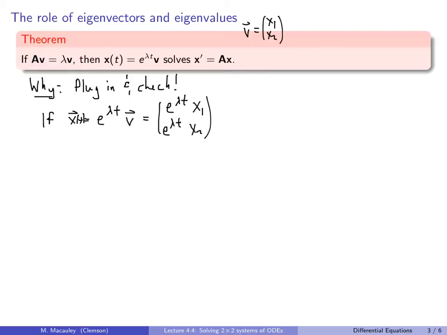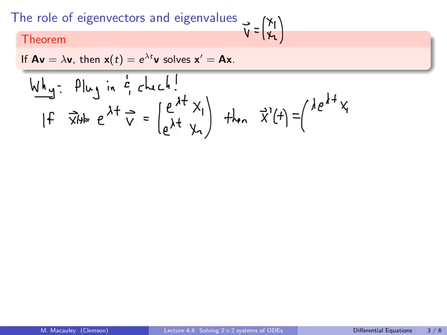Then what's the derivative of this? X prime of t, we just take the derivative of each entry. So the top is lambda e to the lambda t times x1. Remember, x1 is not a variable. I call it x1, but maybe I should have called these a and b. This is just a number. T is the variable.